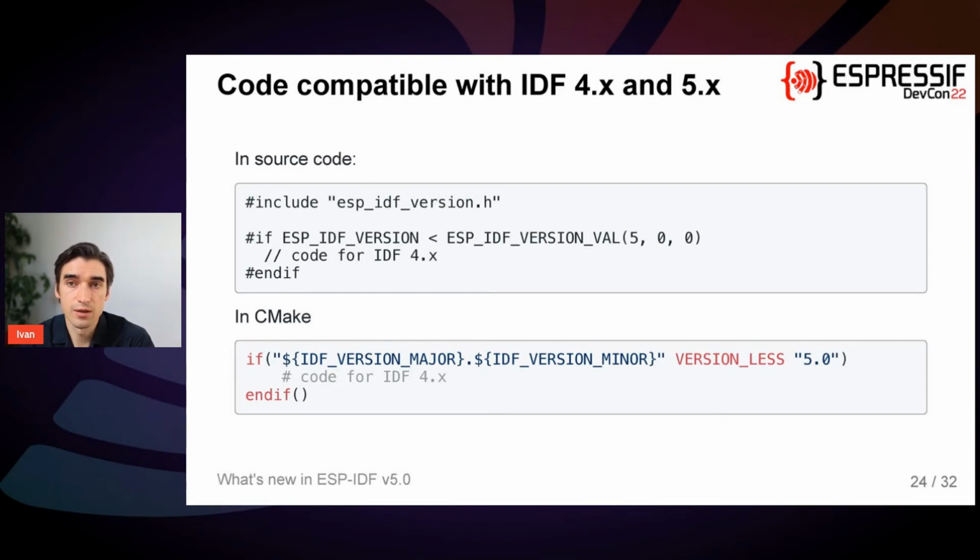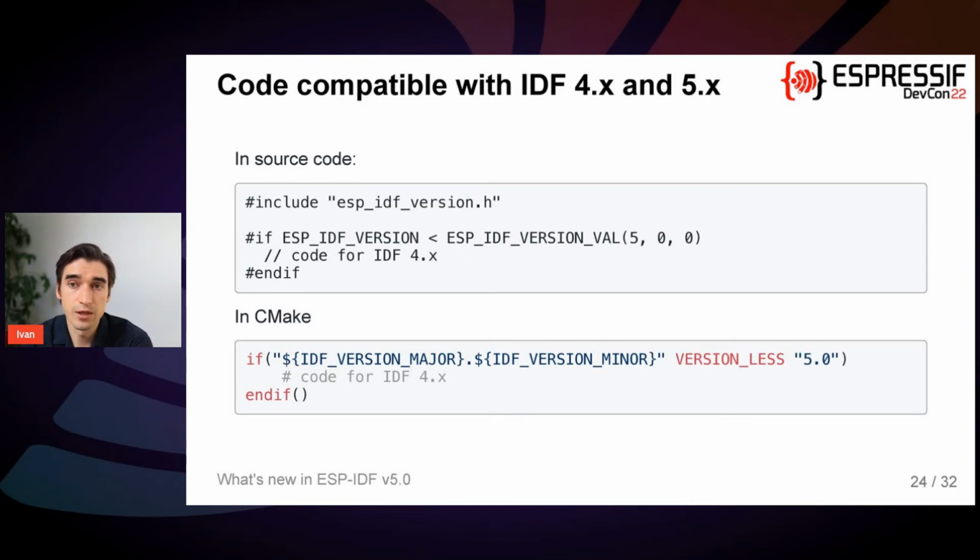These macros allow doing compile time checks for the current IDF version, and you can use integer comparisons like shown here. So you can check, for instance, if the version is less or greater than ESP-IDF 5. And this way you can add code that works for 4.x and a code path that works for 5.x. And then finally, when you're removing 4.x support from your code base, you can just delete this part that is in the if and else block.